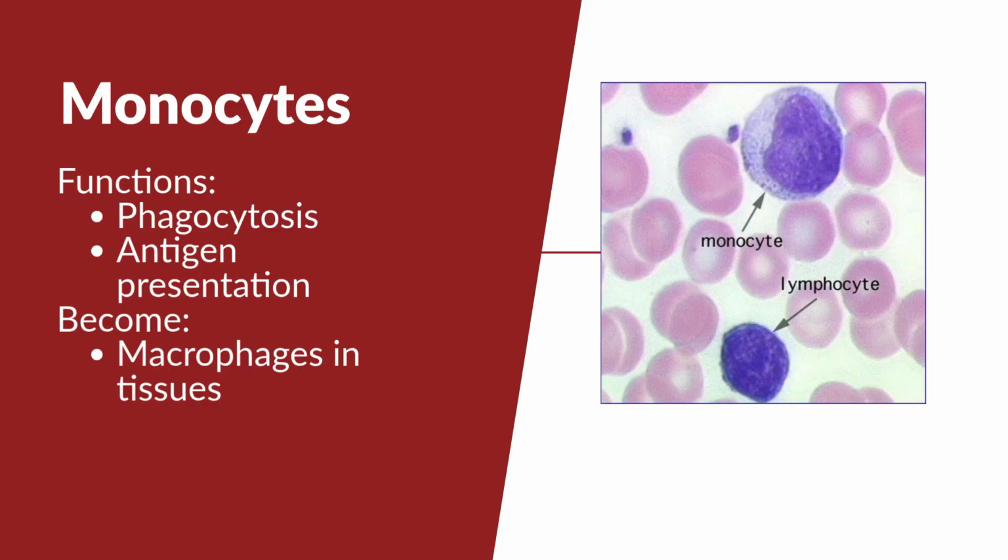Abnormal monocyte proliferation may be seen in chronic myelomonocytic leukemia. You cannot miss this question, people. The name of the white blood cell is in it. Chronic myelomonocytic leukemia. Okay? AML with monocytic differentiation. CMML, AML.